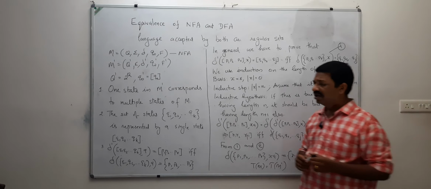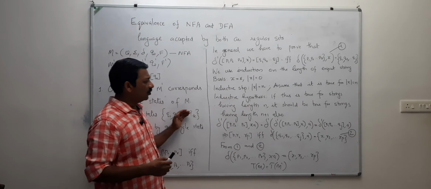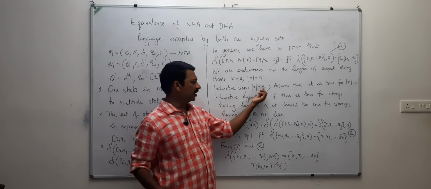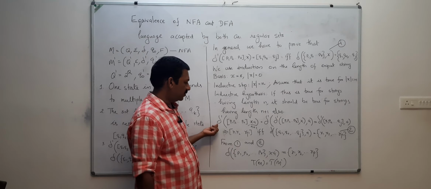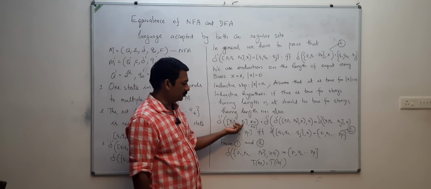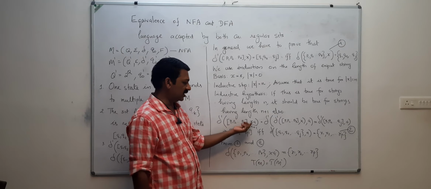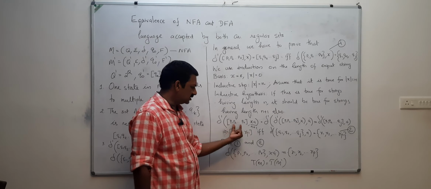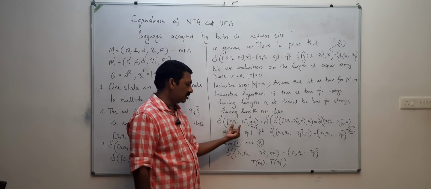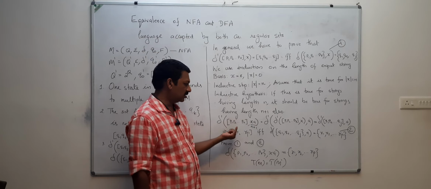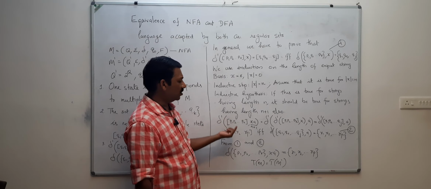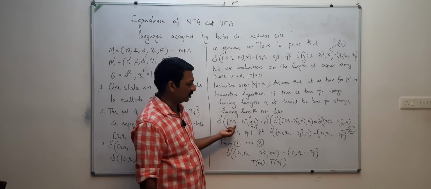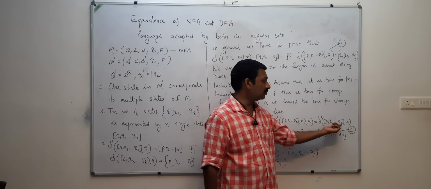Here we know that modulus of x is equal to n. Now P1, P2, etc. to PR on XA. XA is having length n plus 1 and this is a single state, and on receiving x, our assumption is this is going to Q1, Q2, etc. up to Qj.